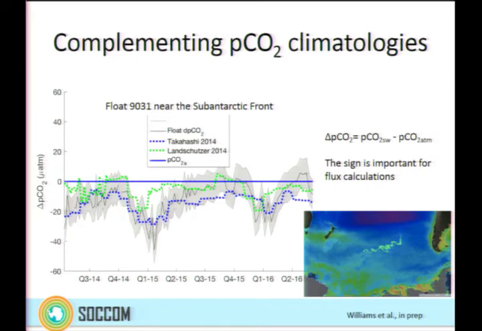And this is delta PCO2. So negative means the ocean is going to absorb carbon. Positive means the ocean is going to outgas. So from deployment in 2014 until now, the float matches the climatologies quite well.